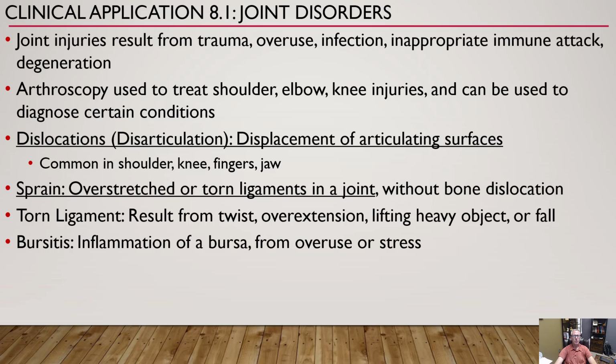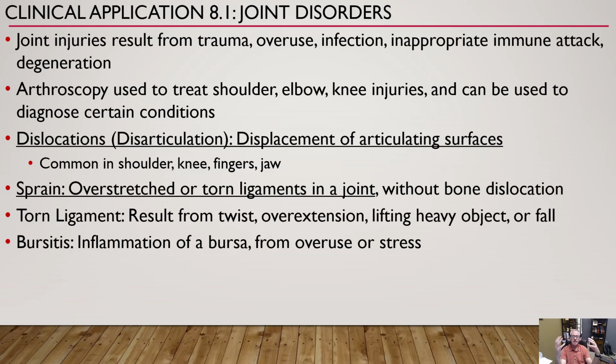All right, so types of disorders of the joints. Typically, anytime you have a joint disorder, it's going to be because of either trauma, overuse, infection, an immune system issue, or just degeneration of that joint.